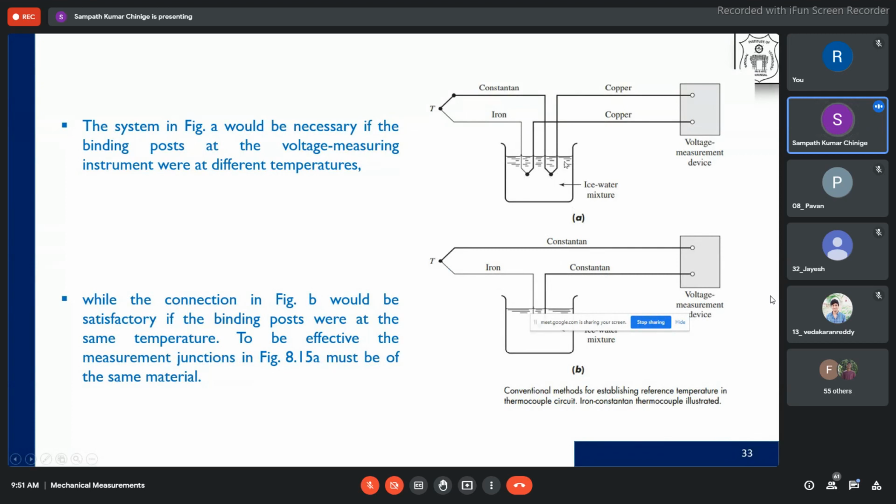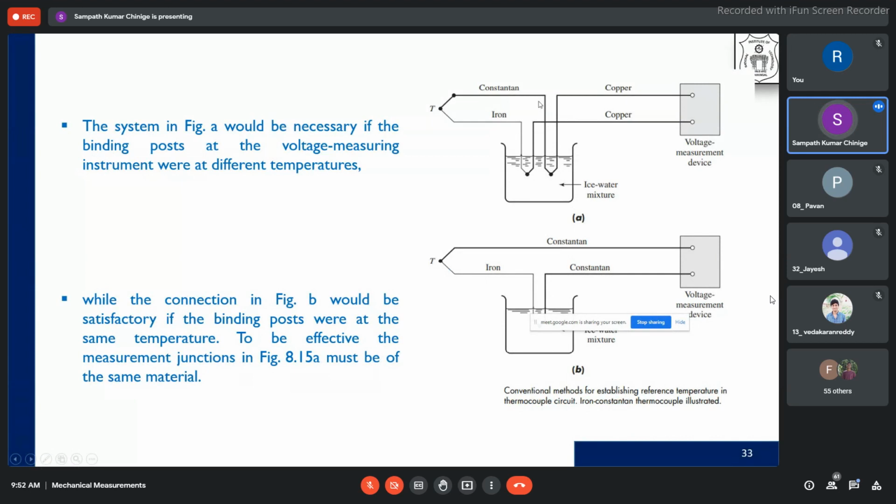What we have understood is that if one of the junctions is maintained at the same temperature, the EMF will not change. If the binding posts at the voltage measurement are at two different temperatures, to compensate for this extra EMF, we make this kind of arrangement where the constantan and copper wire junction is not directly connected to the circuit.